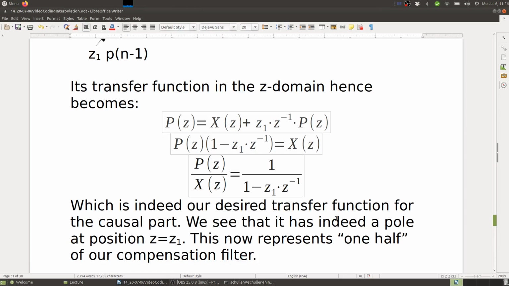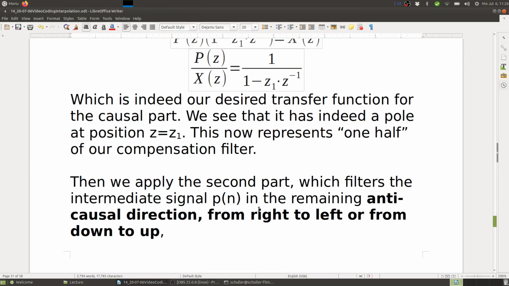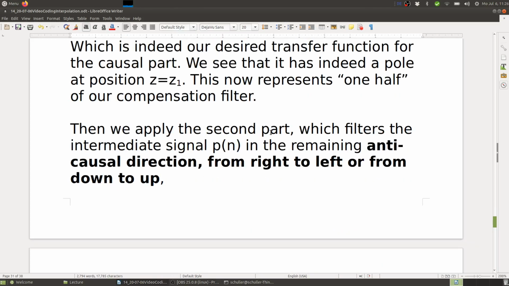We see that it has indeed a pole at position z equals z1. This now represents one half, the causal part of our compensation filter. Then we apply the second part, which filters the intermediate signal P of n in the remaining anti-causal direction from right to left or from down to up. So this is now the trick. We reverse the direction.